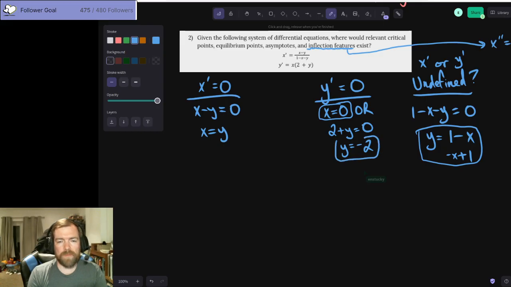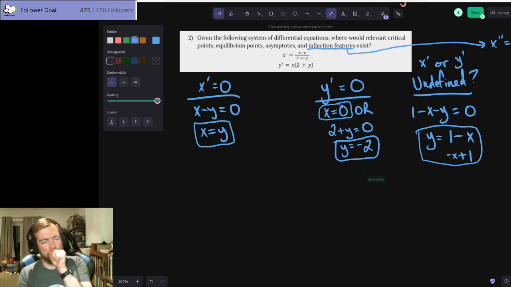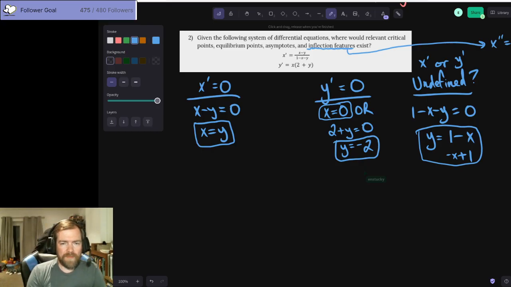Sorry, pure horizontal or vertical tangent slope. Should be more clear about what that was. And again, x prime or y prime being equal to 0 are good.